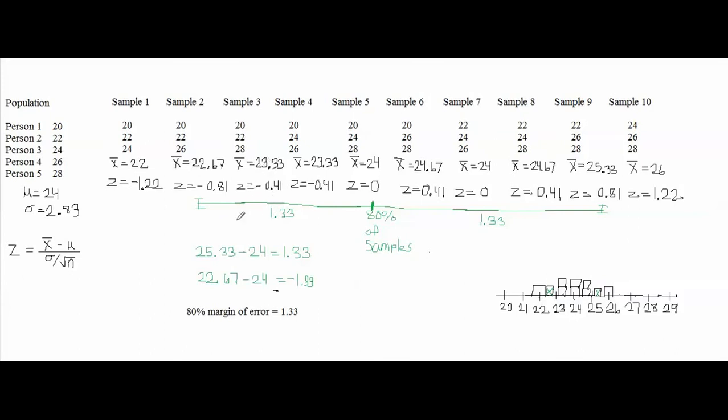So let's mark off sample 3 as a boundary. Let's also mark off sample 8 as a boundary. These are the boundaries of the middle 60%.